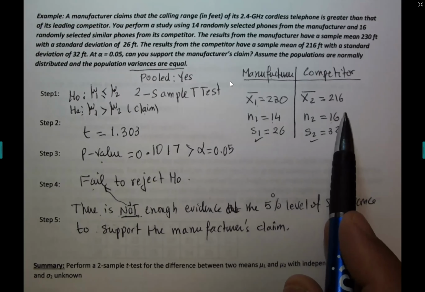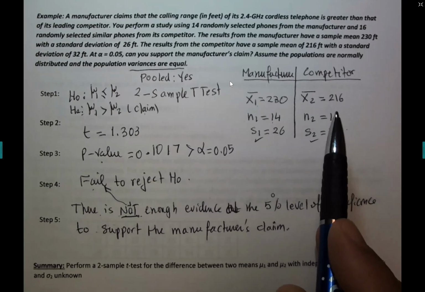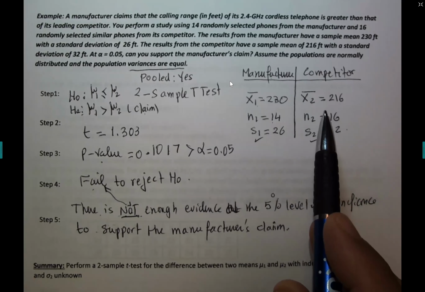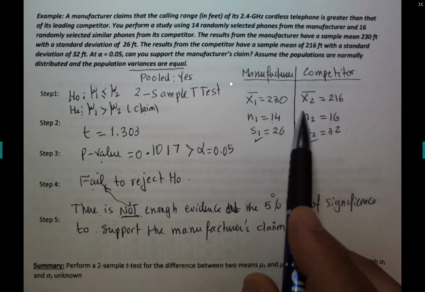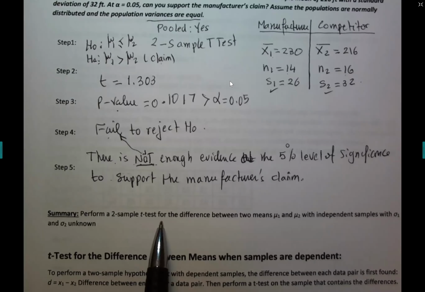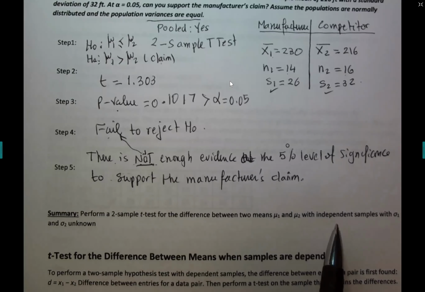Dependent has to be the same person, like you took the blood pressure of a student before he took the quiz and while taking the quiz. That is dependent, when the action pertained twice to the same person. So these are all independent samples. Perform a 2-sample t-test for the difference between two means, mu1 and mu2, with independent samples.